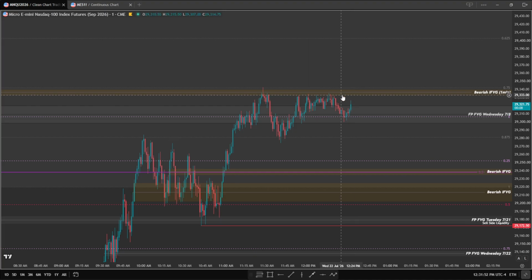So it could be that we disrespect this PD array, but only to take liquidity. And then after liquidity has been engaged, I'd like to see it displace back below it and then use it as reclaimed.